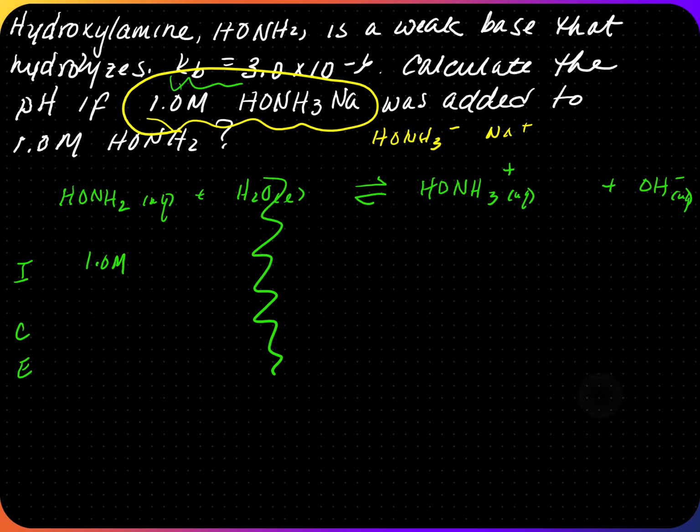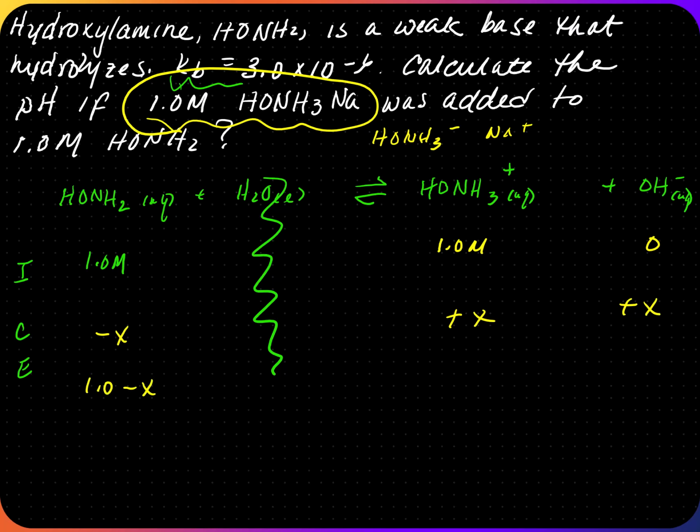The common ion will have a concentration of 1.0 molar and OH minus is 0. Since this is 1 to 1 to 1, it's minus X on the reactants plus X on the products. So my equilibrium concentrations are 1.0 minus X, 1.0 plus X.